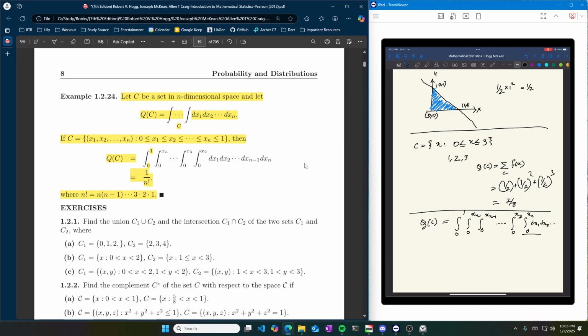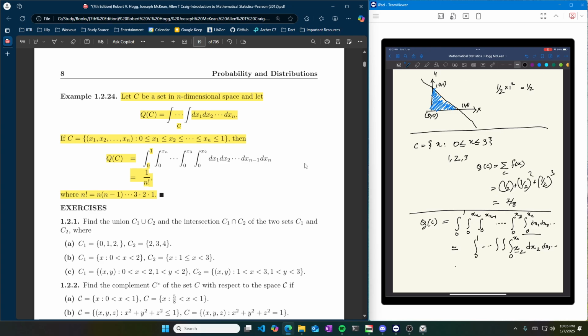Now, when you consider this, x1 is bound by 0 and x2, so this would essentially be x2 itself. This would become x2, 0 to x3, dx2, dx3, and so on.